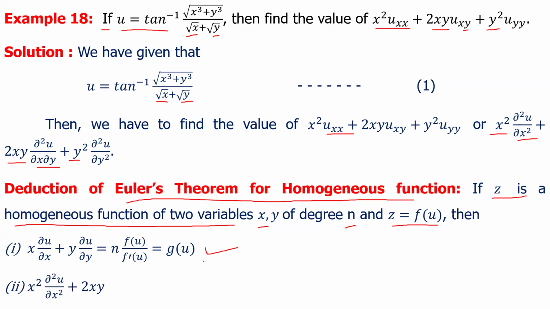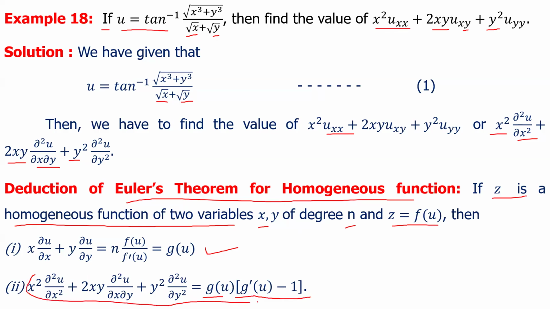And the second one is x square del 2u del x square plus 2xy del 2u del x del y plus y square del 2u del y square, which is equal to g of u into (g dash of u minus 1). Now in this example, we have to only find out the second part of this theorem.